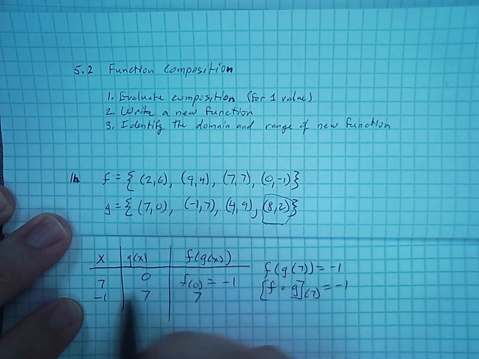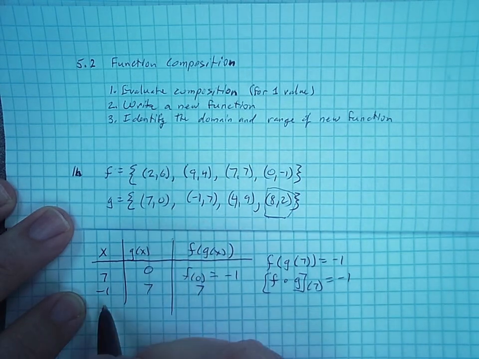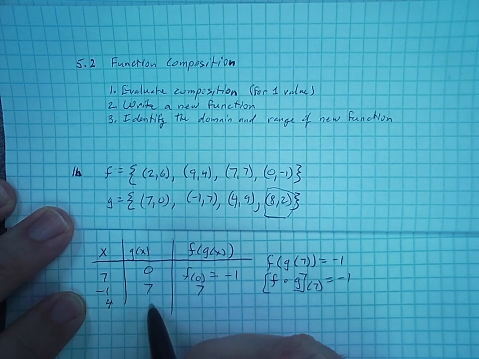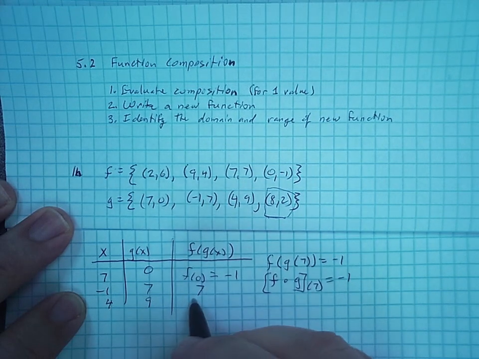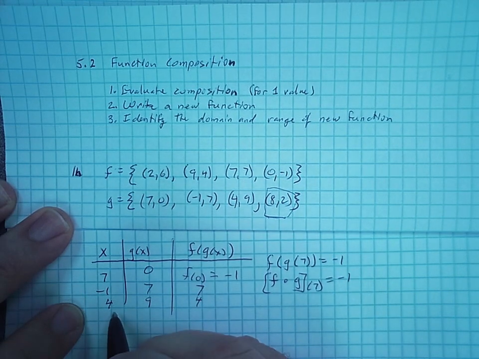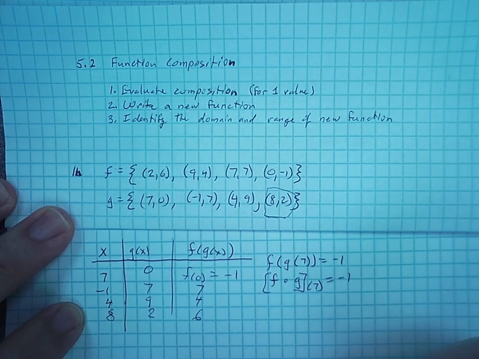So f of g of negative 1 is 7. If I stick 4 into g, I'll get 9. Stick 9 into f, I'll get 4. If I stick, lastly, 8 into g, I'll get 2. If I stick 2 into f, I get 6.